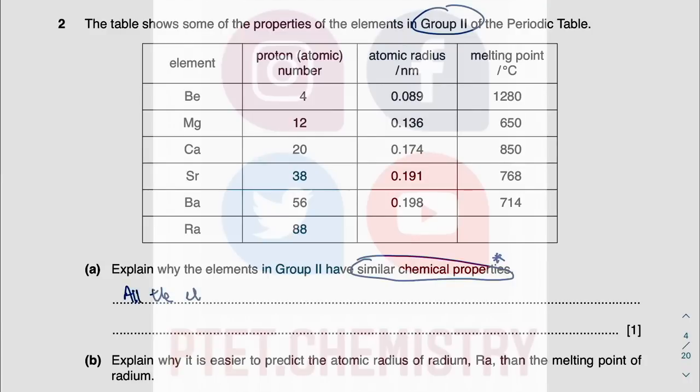All the elements in group 2 have 2 outermost electrons. You can use the word outermost, or valence; that's the same thing. Therefore, they have similar chemical properties. They all form a +2 oxidation state when they form compounds.